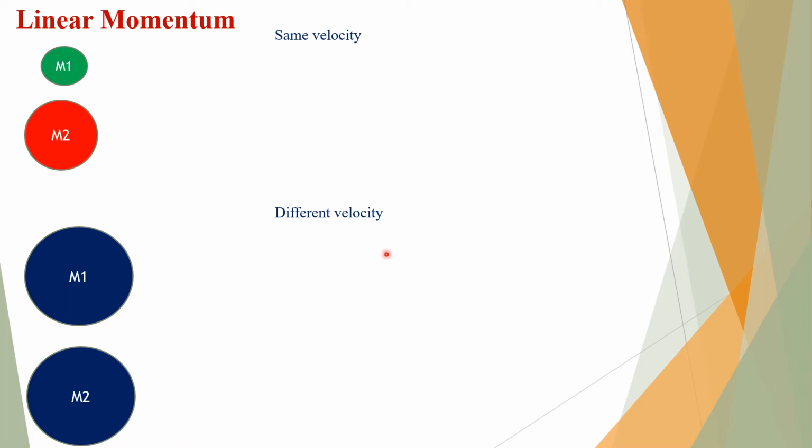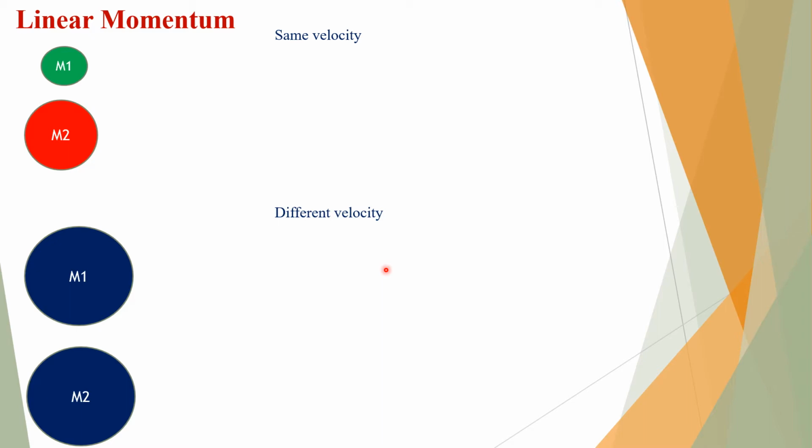In another case, you can see that there are two objects m1 and m2, and both have the same masses, but the velocity of m1 is greater than the velocity of m2.